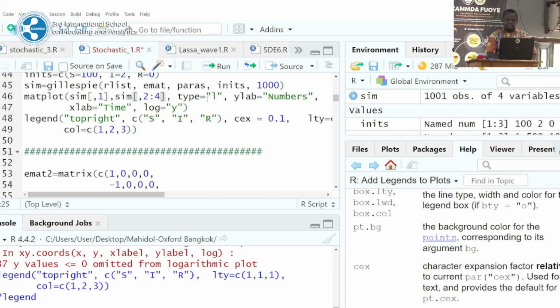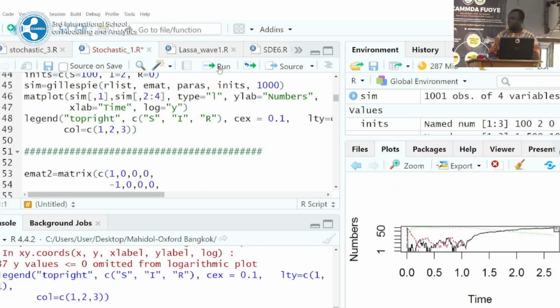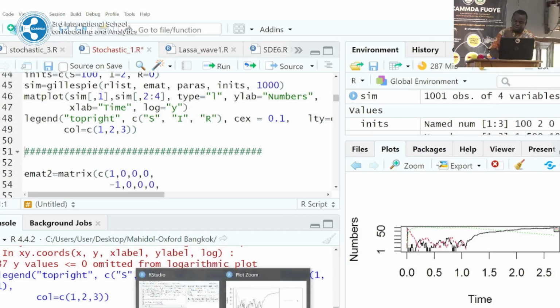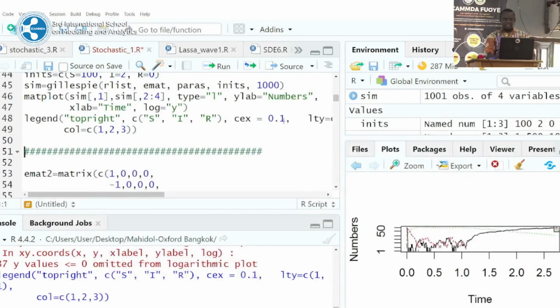And then I plot. It's very small. You can see the legend is very small. So I will increase it. Let me put it to like 0.3. So it's bigger now.